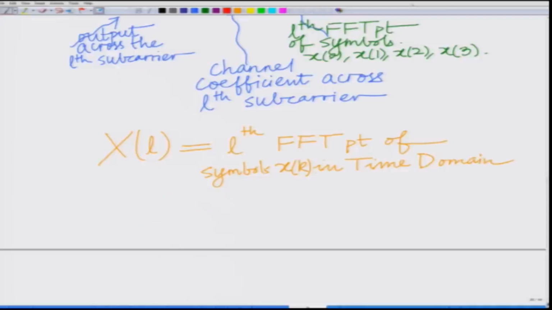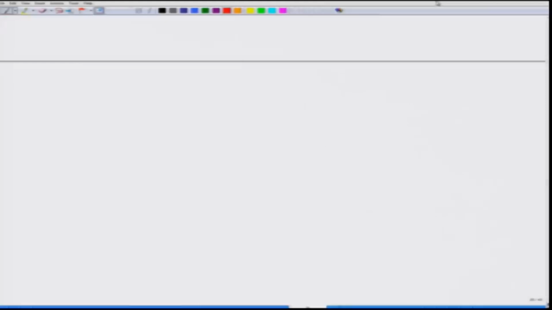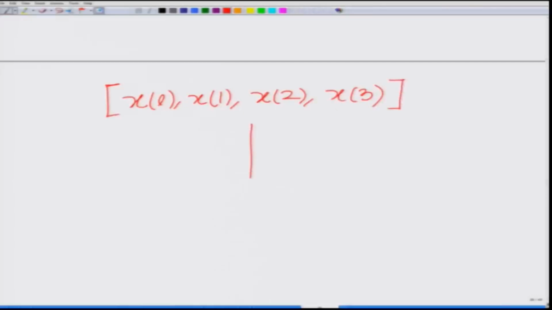You have your symbols in the time domain x0, x1, x2, x3. What are these in the context of FDE? These are the time domain symbols.